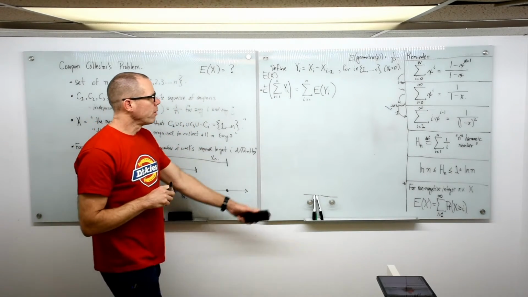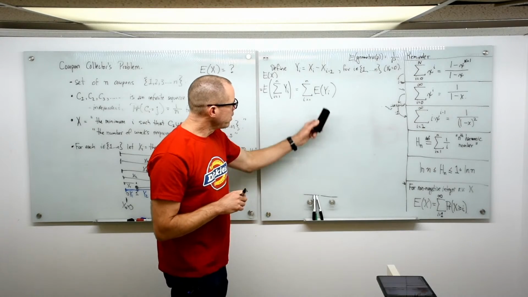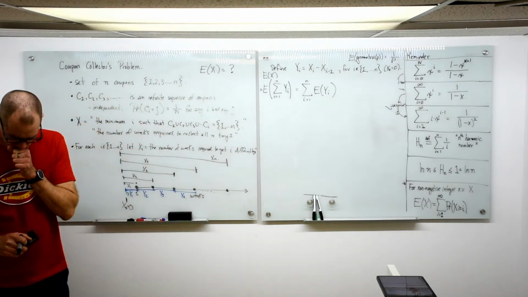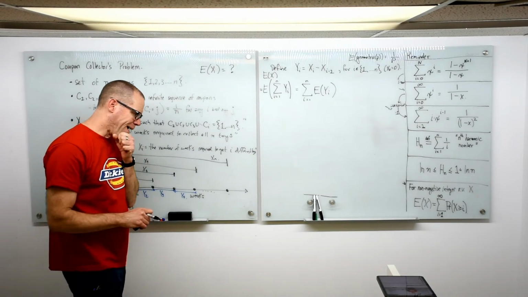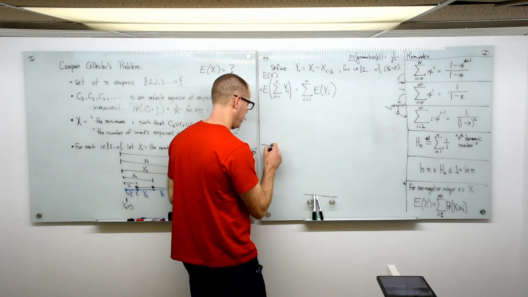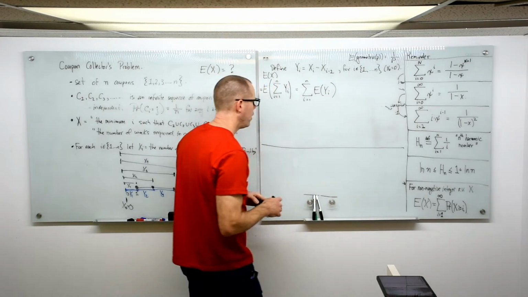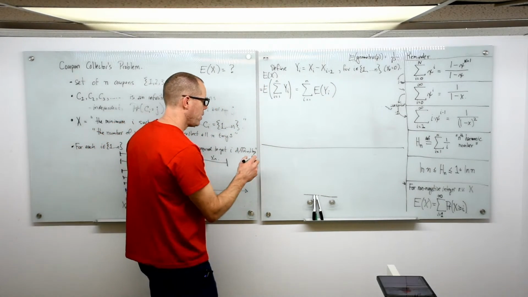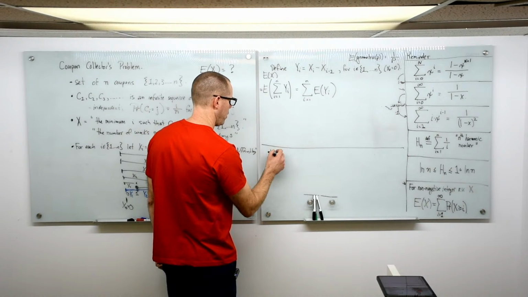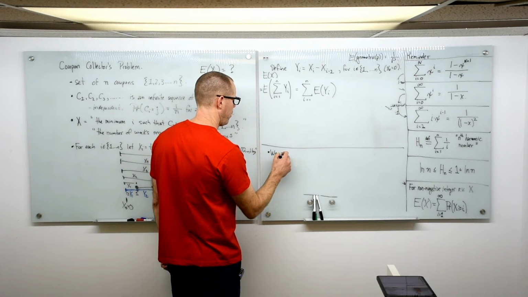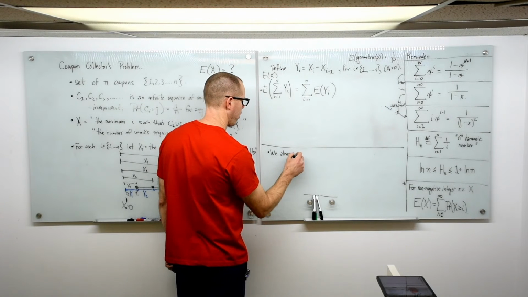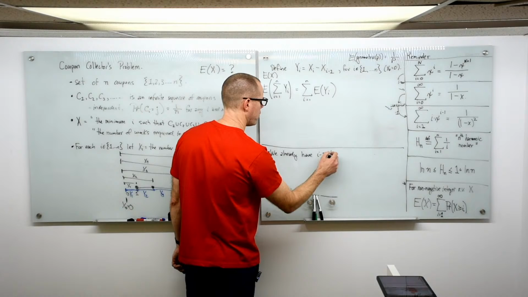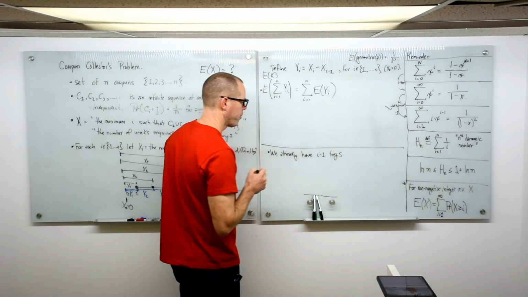All right, so now we need to know this expected value of yi. Okay, so what is yi? If we think about what yi means, we already have i minus 1 toys, right?